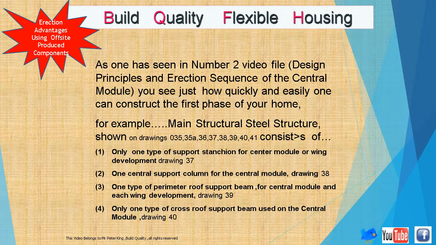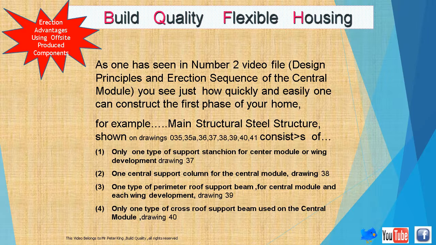Take for example the main structural steel shown on drawings 35, 35A, 36, 37, 38, 39, 40 and 41, consisting of: 1. Only one type of support stanchion for the central module or wing development.